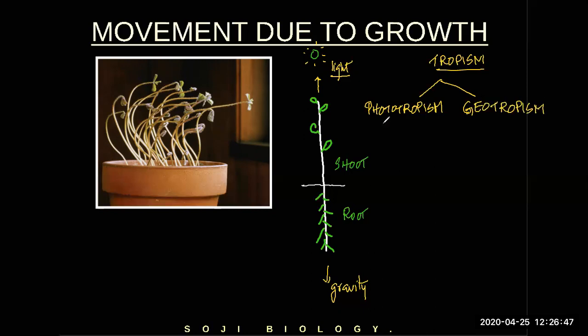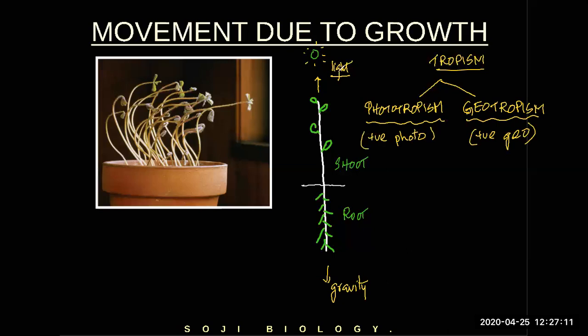Okay, in phototropism, you can see the shoot is going to the light, so they call it positive phototropism, right? And the root is growing downwards because it's going down to gravity. Okay, this is called positive geotropism. Okay, simply call it phototropism too.